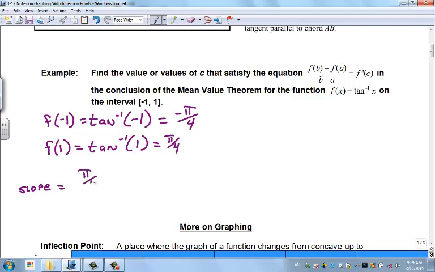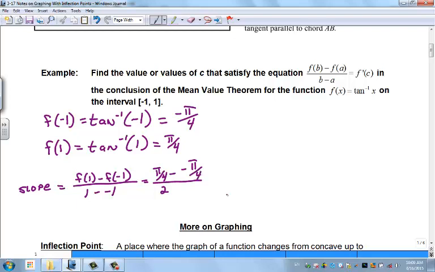Pi over 4, f of 1 minus... well, I should actually write the formula down so you're not confused. It's f of 1 minus f of -1 over 1 minus -1. The bottom turns out to be 1 plus 1, or 2, and the top turns out to be pi over 4, that's f of 1, minus negative pi over 4.